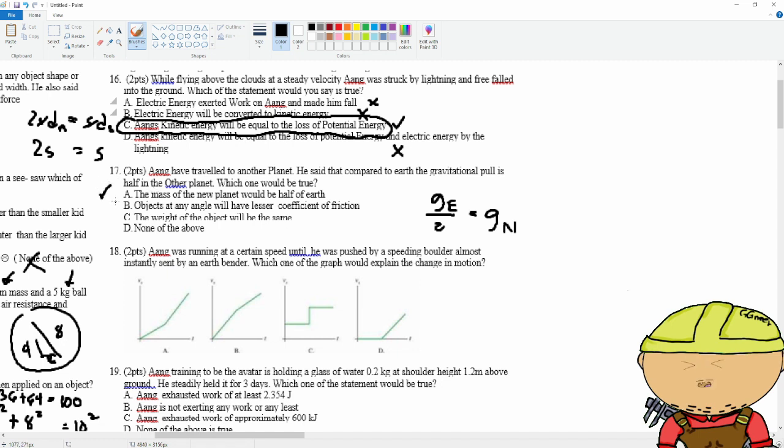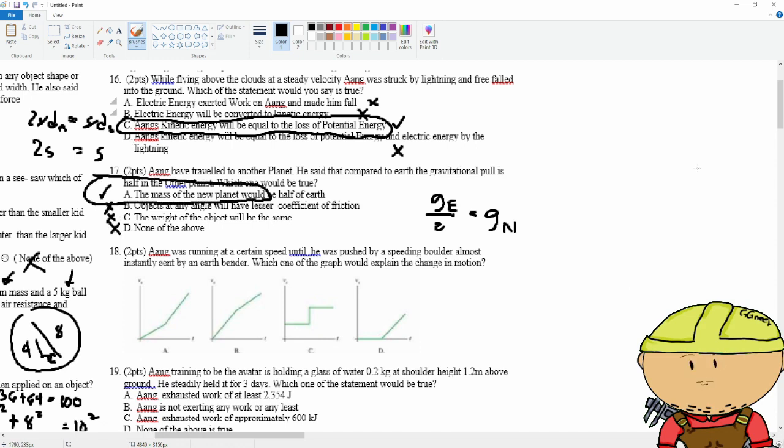Objects at any angle will have a lesser coefficient. There's no such thing. Friction is not related to gravitational pull, probably not yet. The weight of the object will be the same. No, weight will not be the same, because weight is a unit of force. The mass will be the same. So A is the answer.